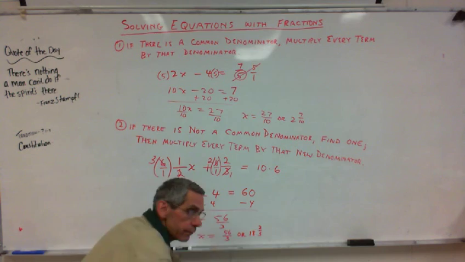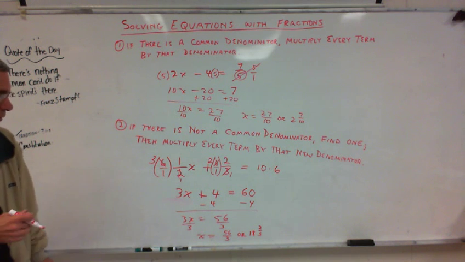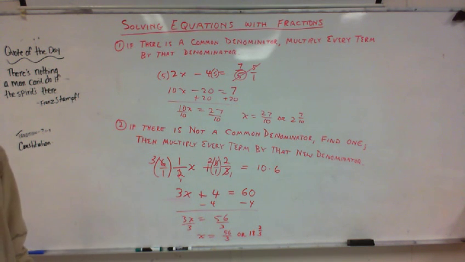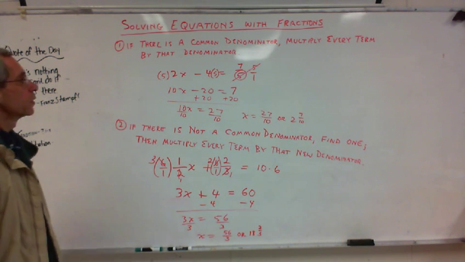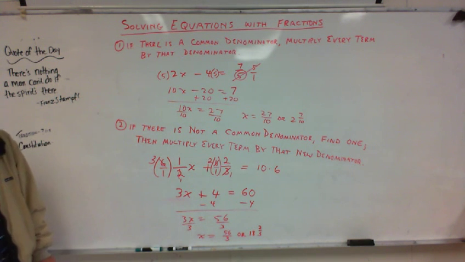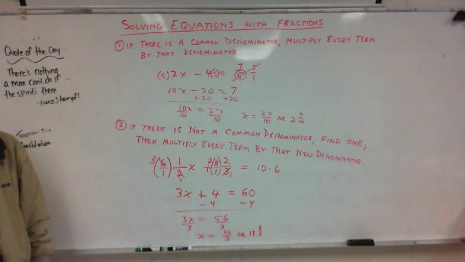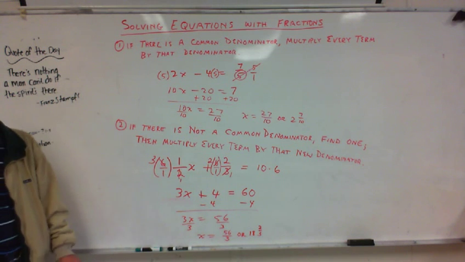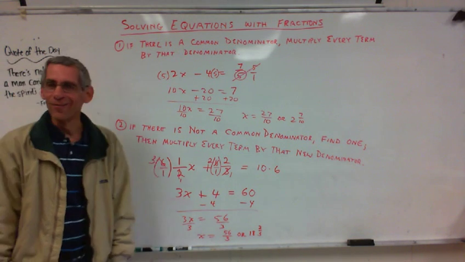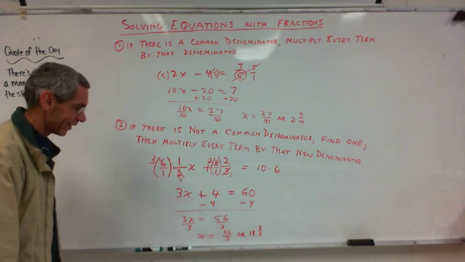Is that right? 18 times 3 is, oh yeah, 54. Whatever. It's math, you know, it's close enough.